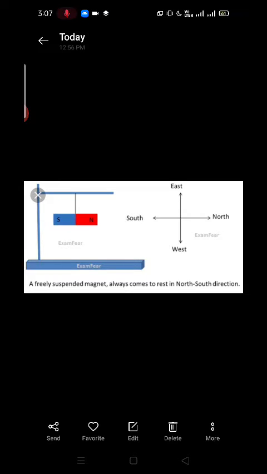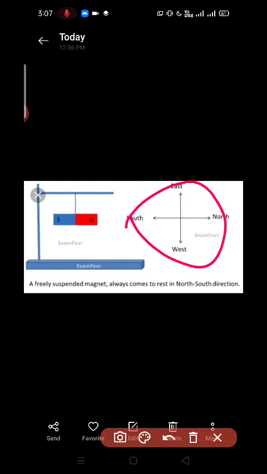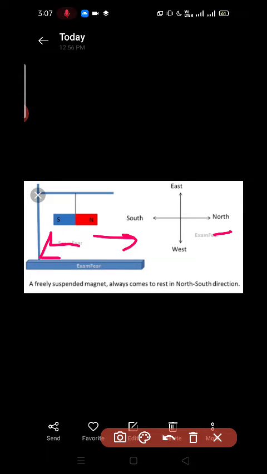For this, tie a bar magnet and suspend it freely. Then we observe that the bar magnet always stays in north and south direction. When we match these directions, we can see that the north pole lies in north direction and the south pole lies in south direction.